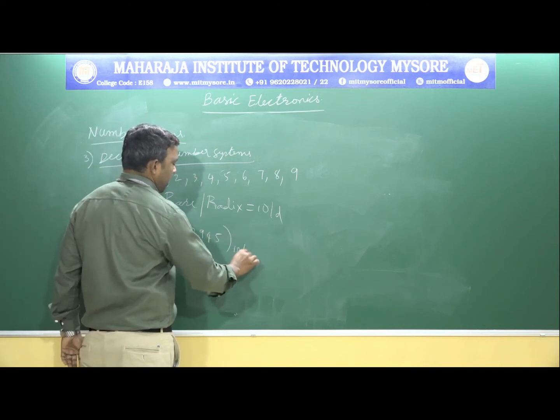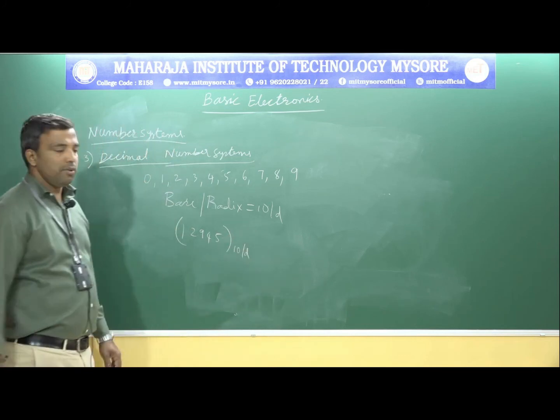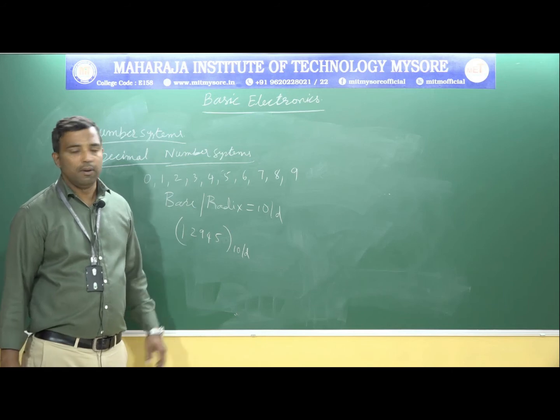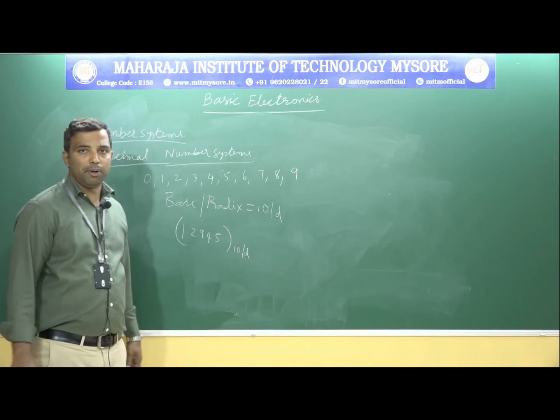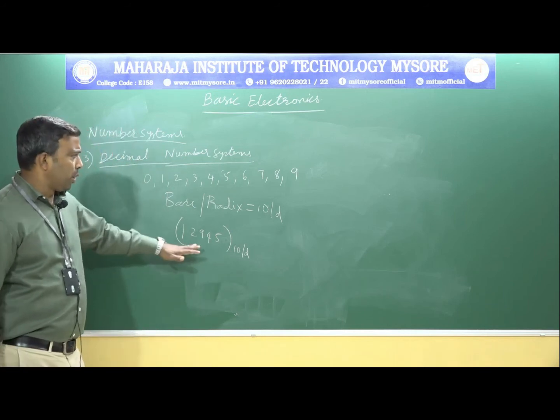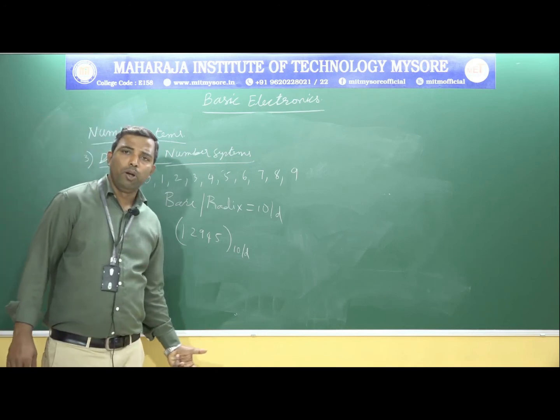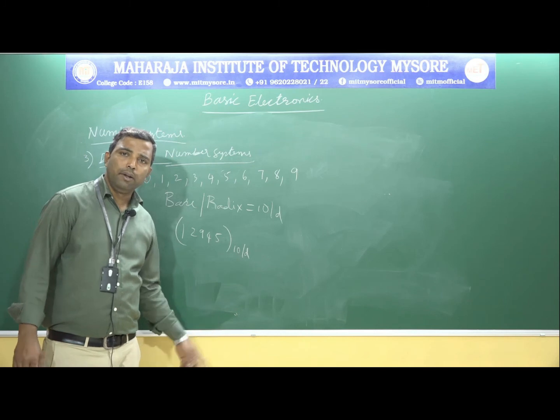The base is 10 or D, which represents that this number is a decimal number. Here also the positional value is 10 powers, similar to binary and octal.